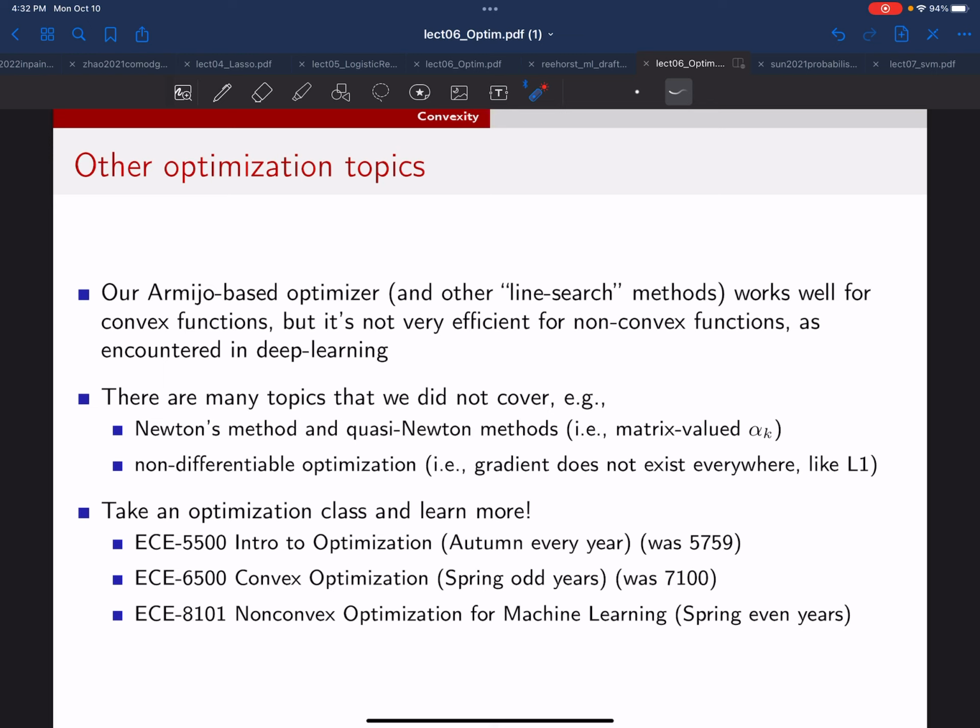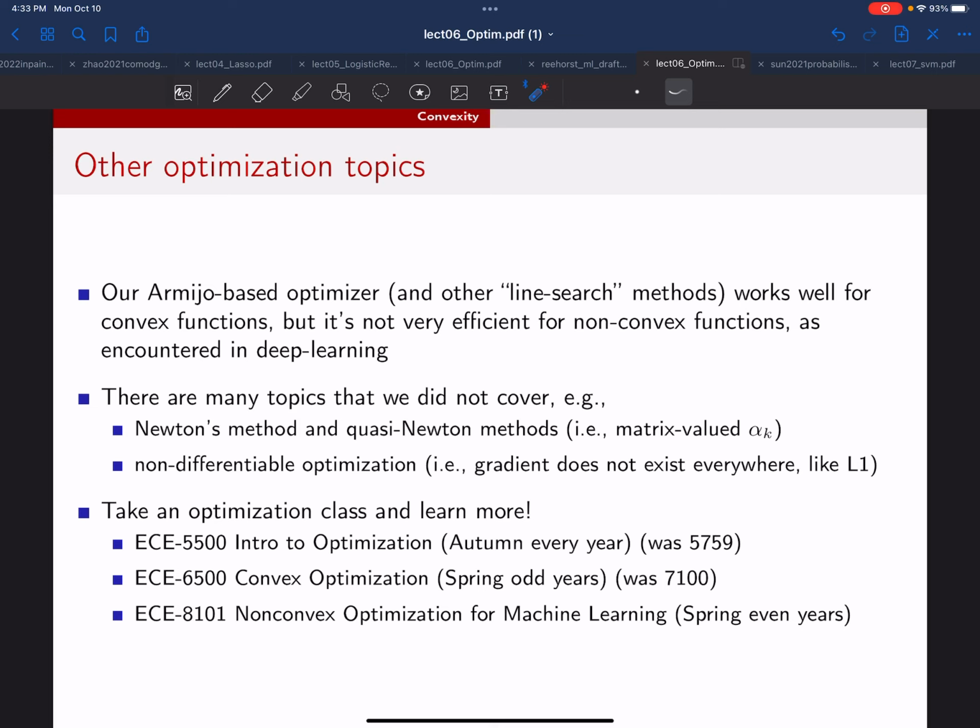The problem with an Armijo algorithm on a non-convex function is that it will try very hard to converge to the nearest local minimum, but maybe that's a bad local minimum and we actually want to jump out of it and converge somewhere else, to a much better global minimum or near global minimum. So this Armijo-based stuff is great for convex functions like we've seen before in regression and classification, but it's not a cure-all method. We don't want to always use it, especially when we have non-convex functions.